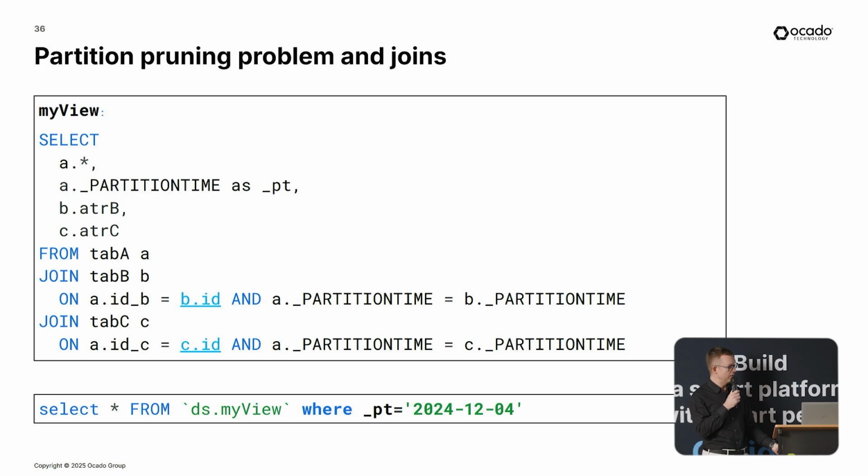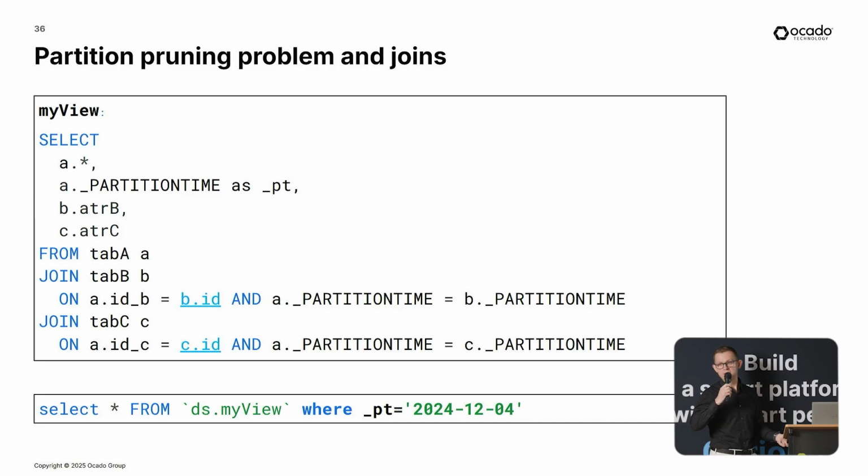But in this case, it will properly do partition pruning only for table A. So we need to add some criteria to our joining criteria to make sure that the optimizer of BigQuery and probably any other database is aware that we are interested only in the data from this particular day. This is how BigQuery is able to push the filter to the very top.